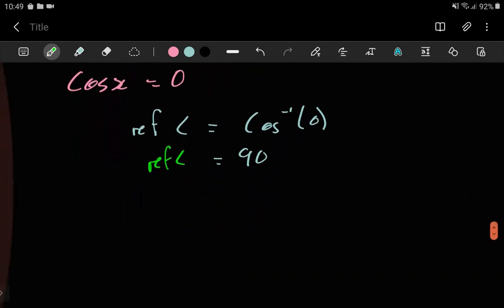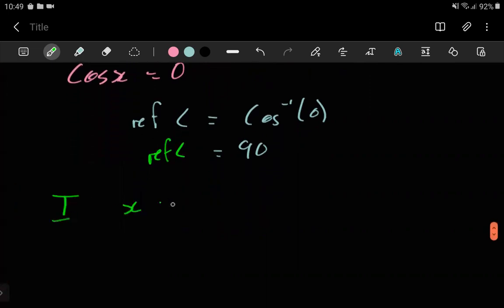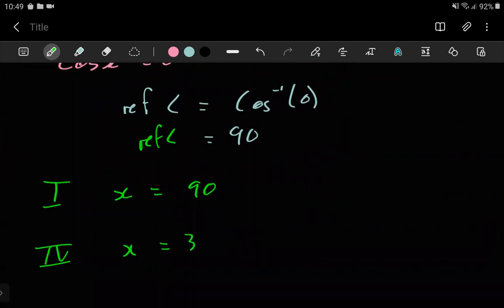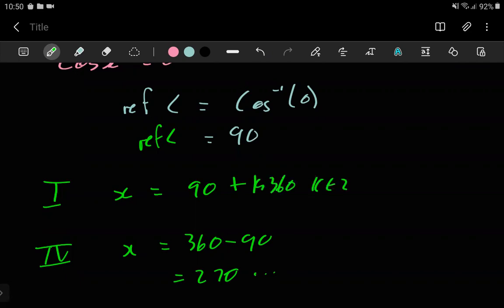So we're going to work in the first quadrant. In the first quadrant, you just take this as your answer. And then in the fourth quadrant, it is 360 minus our reference angle, which is 270. This we already have. You can add the K360, K an element of integers, but if it's not the general solution they're asking for, you don't have to put this, and if you put it, you're not going to be penalized.